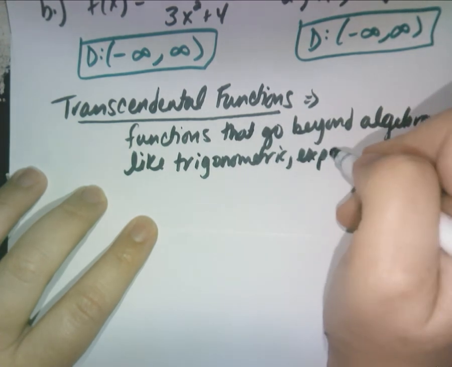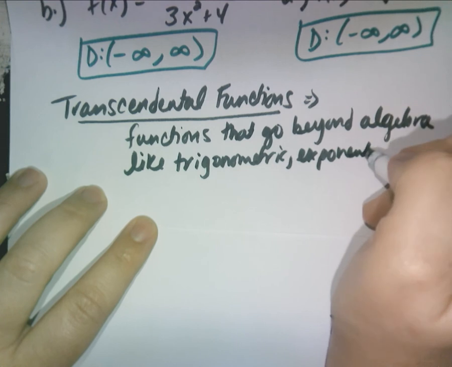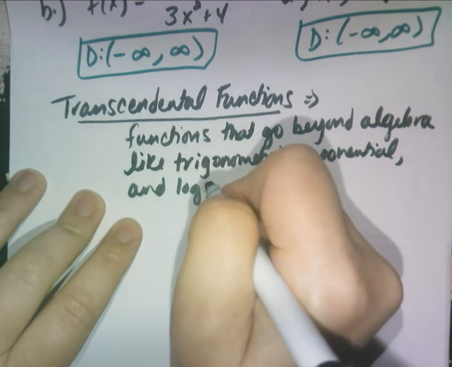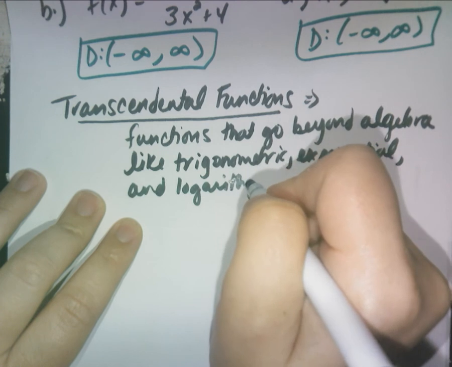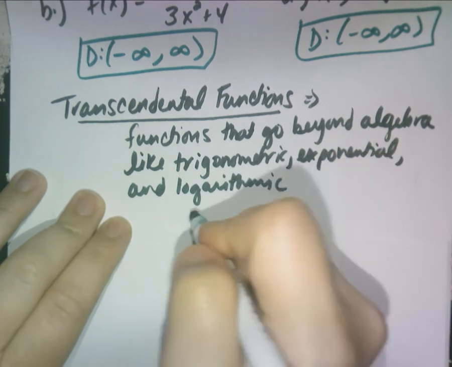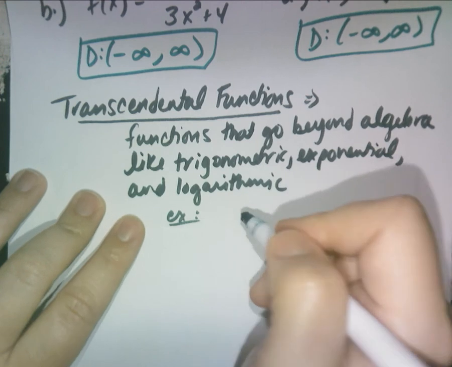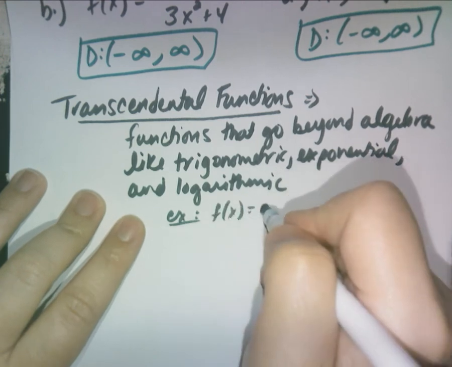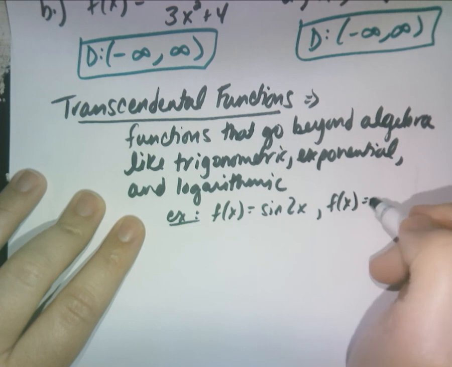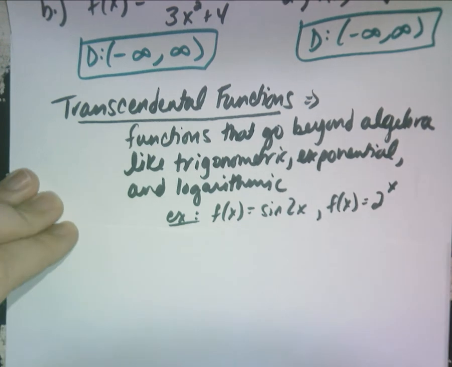We do those. And good old logarithmic. We do those too. So just examples of transcendental functions would be sine of 2x and 2 to the x. Those are just examples.